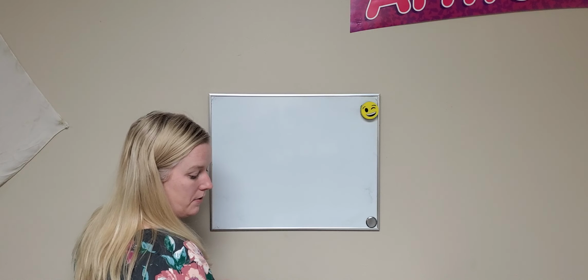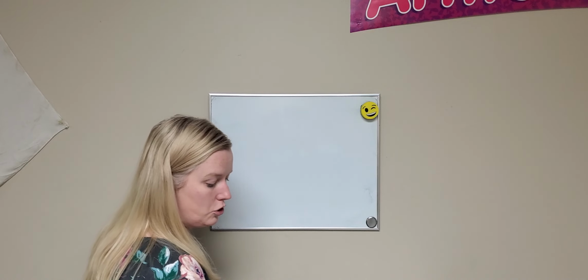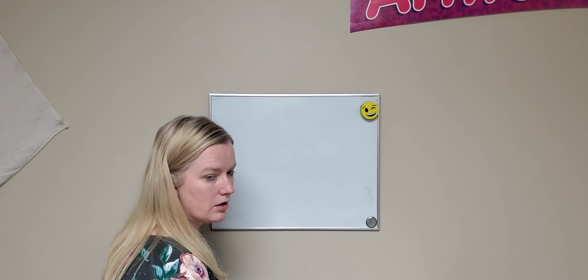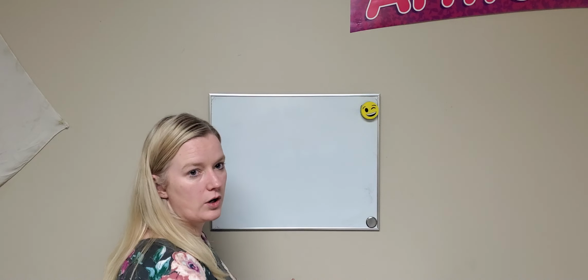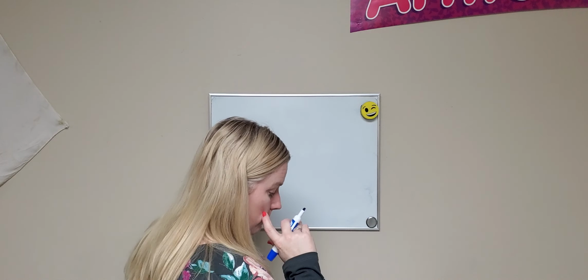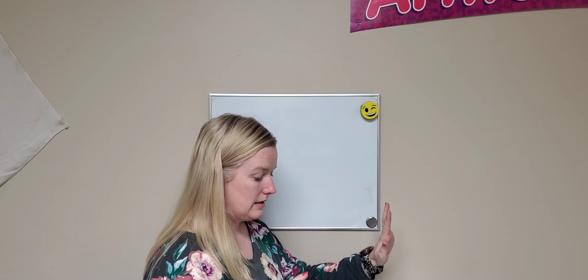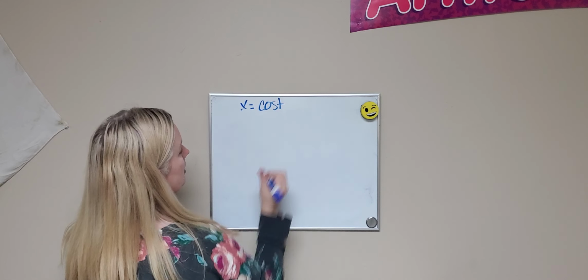All right, so the markup of a rug is $56. If the dealer uses a 35% markup on the cost, what was the cost of the rug? So what did the merchant pay for it to be marked up $56? So it was this price, and it's going to increase to this price. So how do I figure that? All right, so X equals the cost.